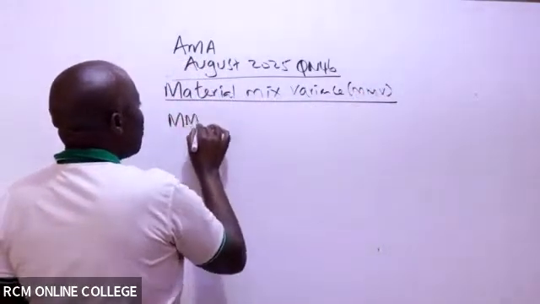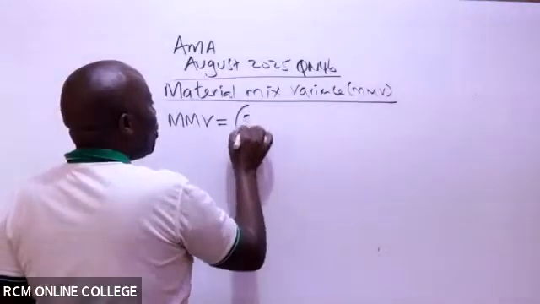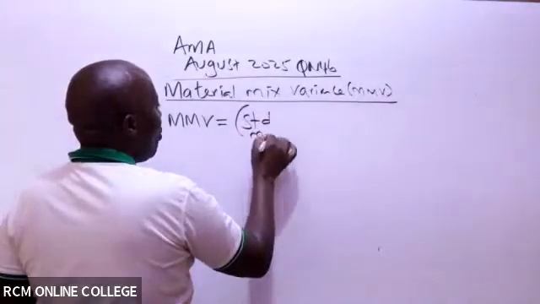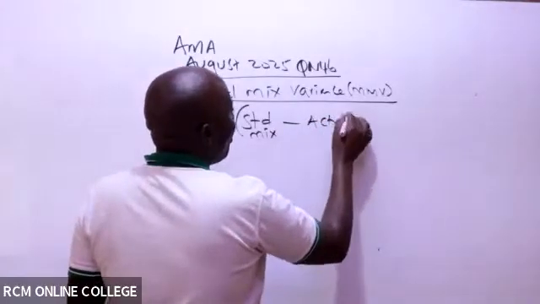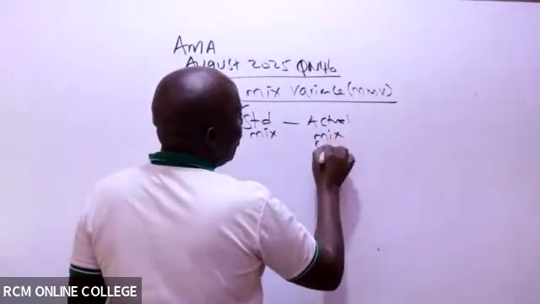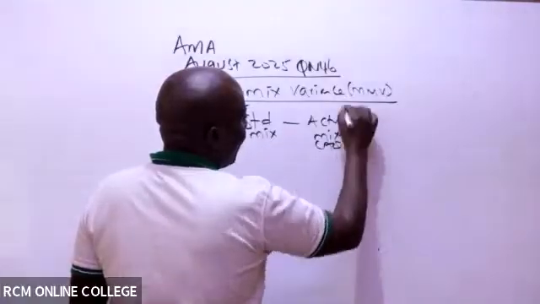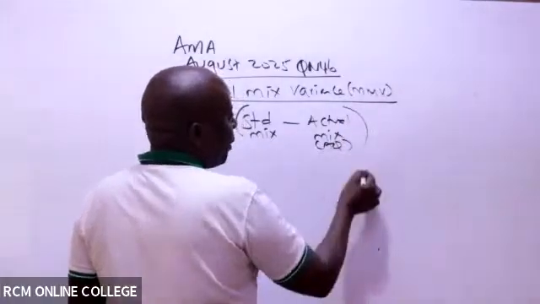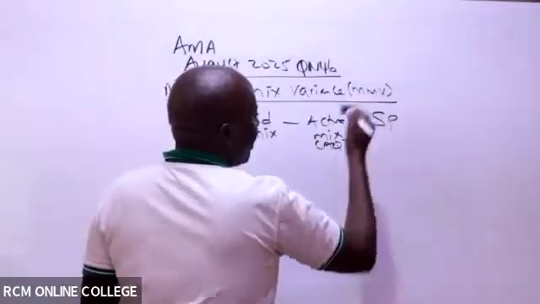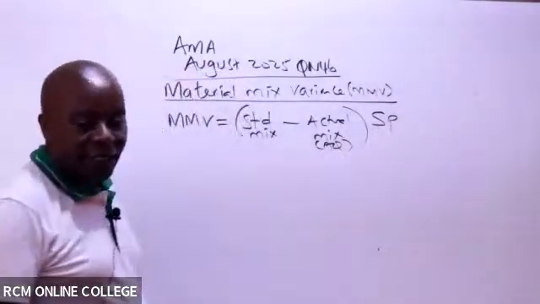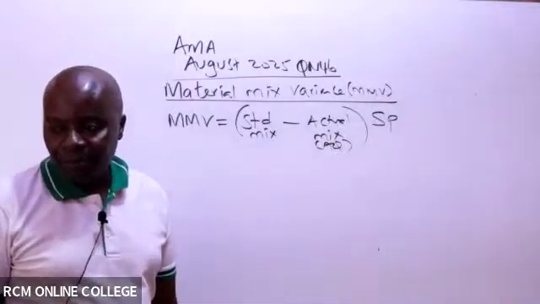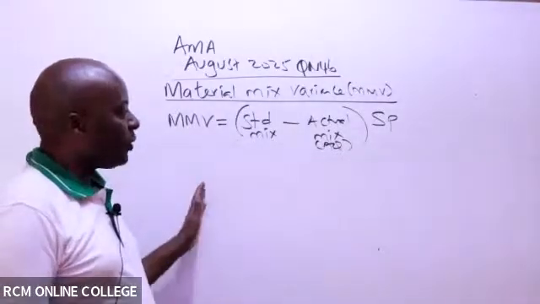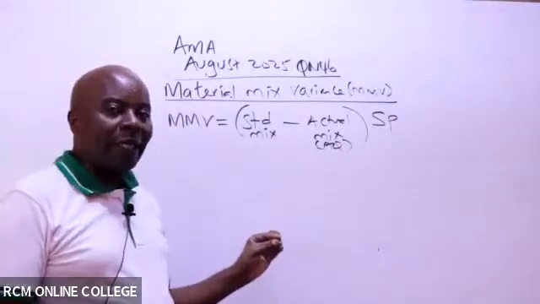We know that this will be the difference between 2 mixes. We have the standard mix minus the actual mix, what we also call the actual quantity of materials. And then we monetize outside here by putting the standard price per kilogram. So this is material mix variance, difference between 2 mixes.